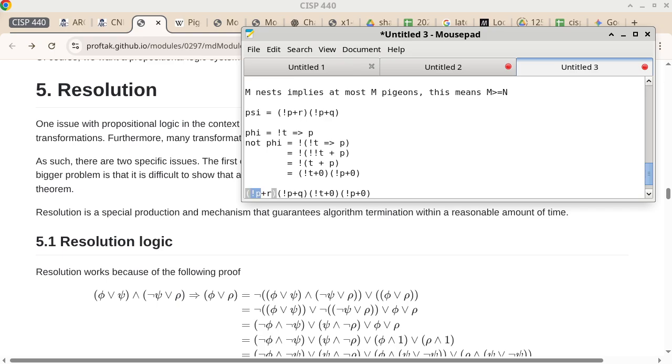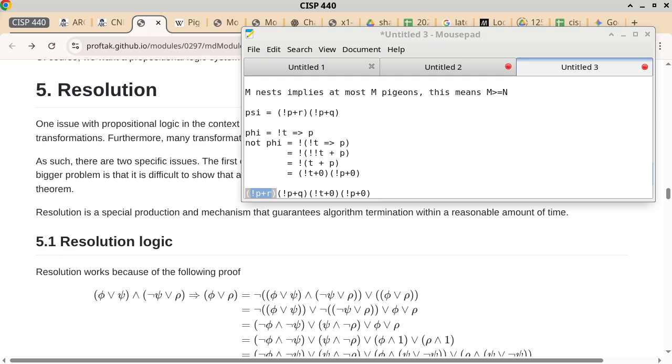Look at this one here. If we focus on this one, then we're asking, does anyone else have P that is not negated in the disjunction? Nope, nope, nope. We can also ask, what about not R? Because we have R here. If anyone has the negation of R, we can perform resolution.